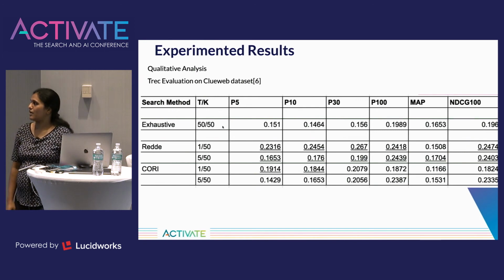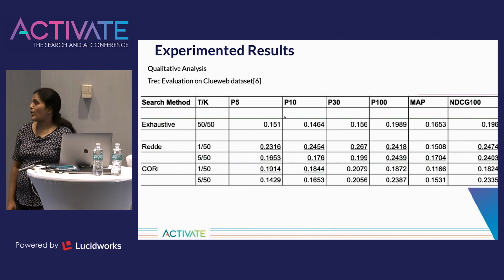So we are comparing exhaustive versus selective search, and you see they are still doing good. The ready is doing good at precision 5. It's still getting the matching documents that we expect compared to the ground truth results. The underlined ones show that it is still doing good at precision 5 and 10.